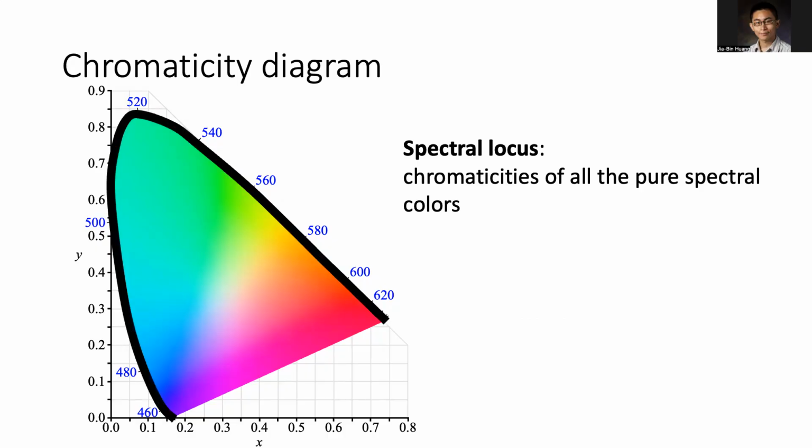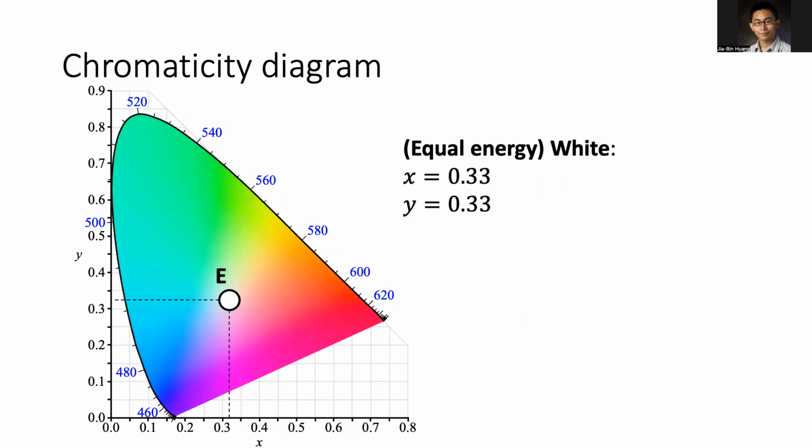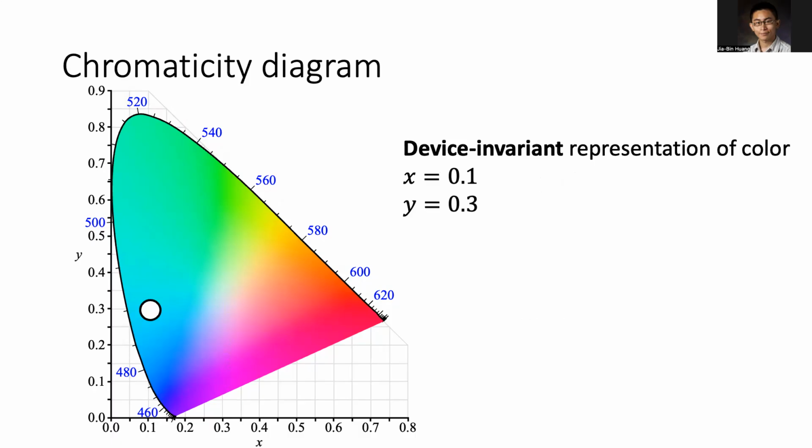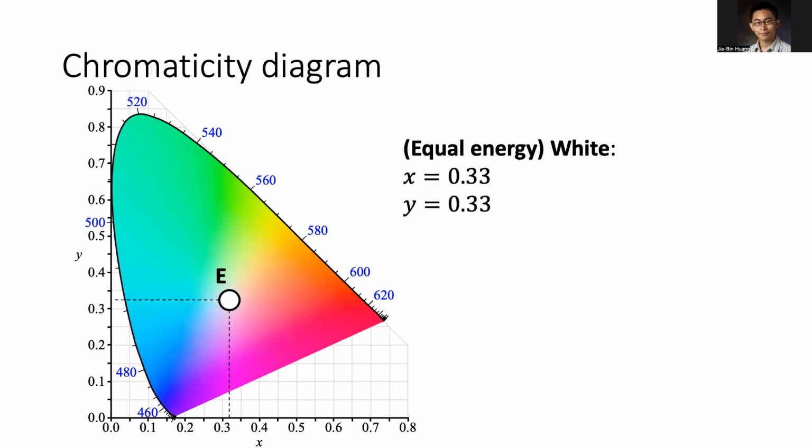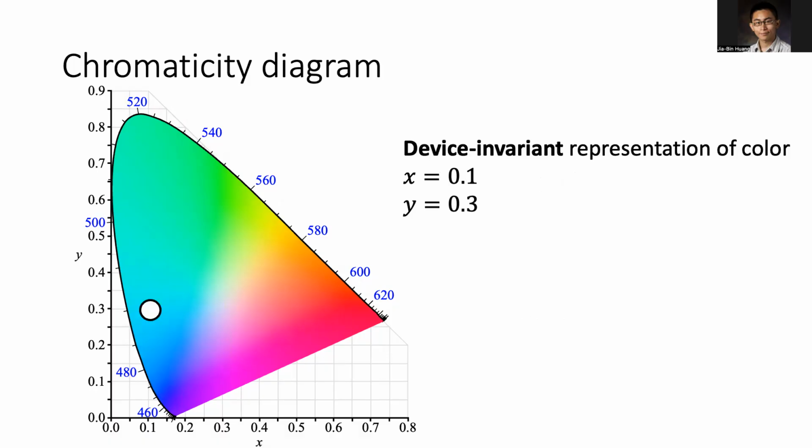So there are several benefits of representing color in this way. The first one is that you can specify what the white color is, right? White color basically is an equal intensity for X, Y, and Z. That's this guy. And then you can also specify the device environment color. Okay, for example, this guy, no matter what the device is, as long as it specifies X equal to 0.1, Y equal to 0.3, it's the same universally.